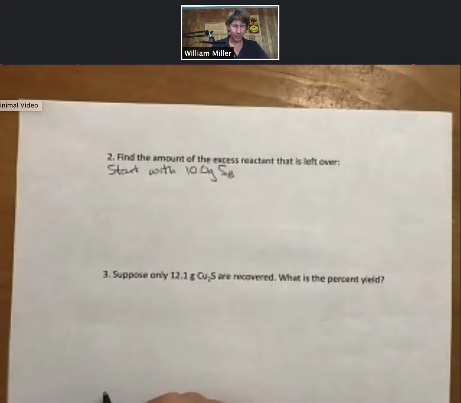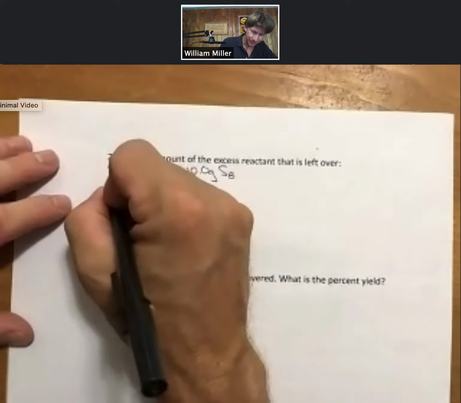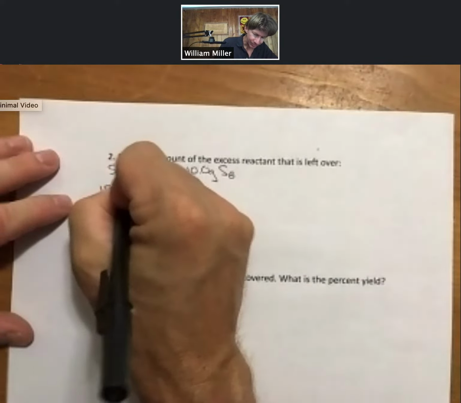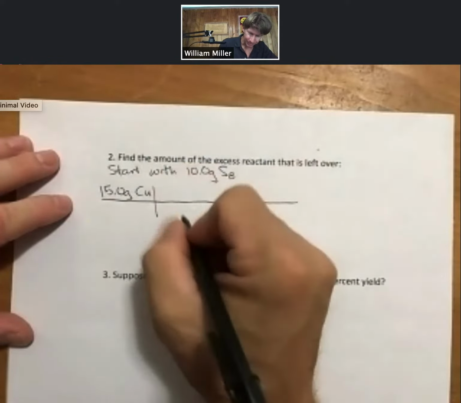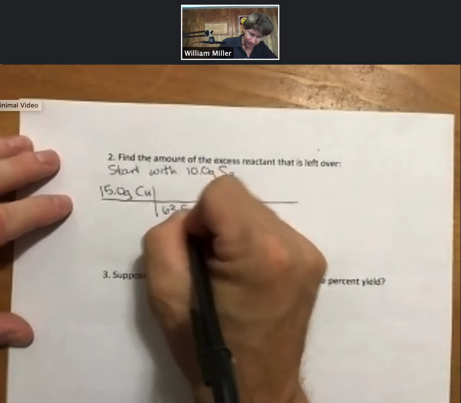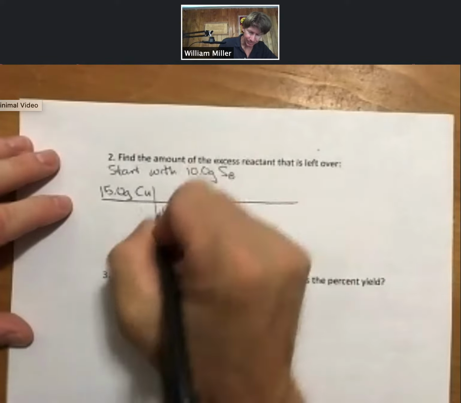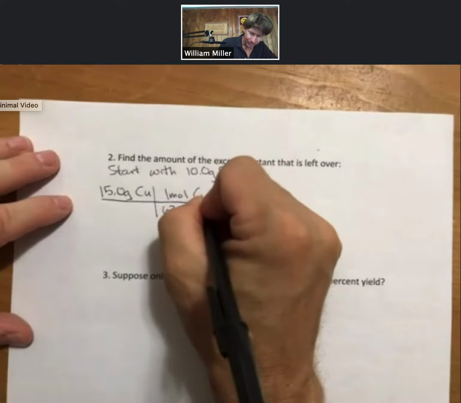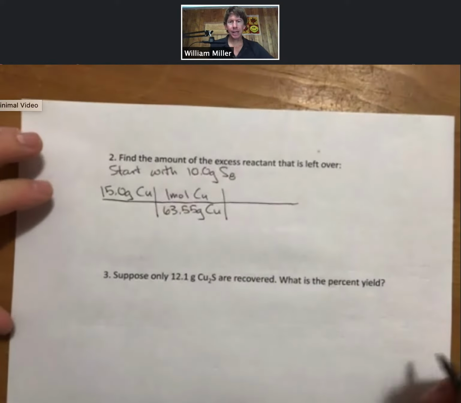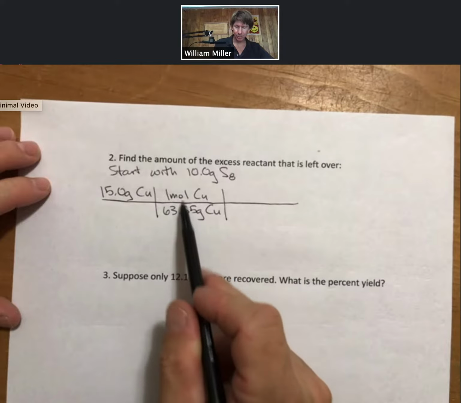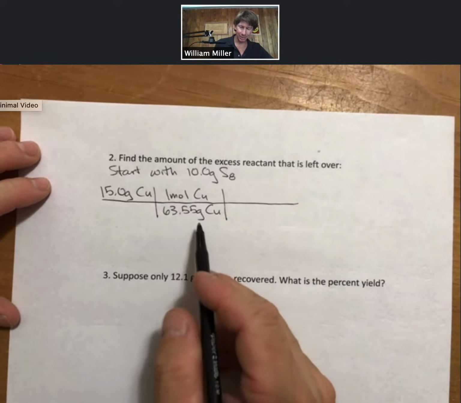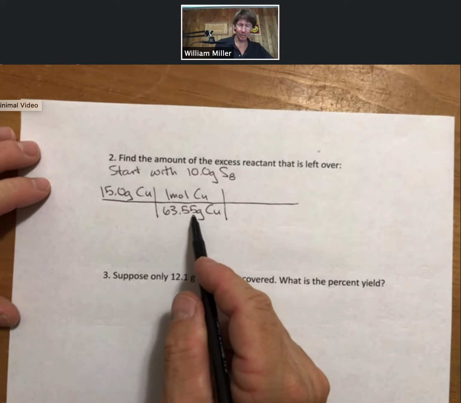Then do stoichiometry with the copper to find how much of the sulfur is taken away. There's definitely patterns forming here. Of course, we start with the grams. We do a molar mass upside down, so meaning that the grams are on the bottom.